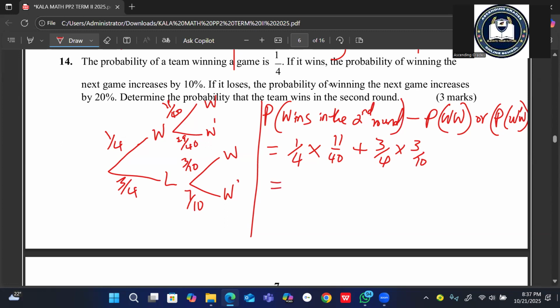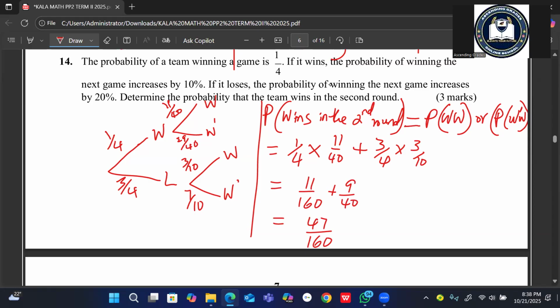So that one gives you 11 out of 160 plus 9 out of 40, which totals to 47 out of 160. So that is the probability that the team wins in the second round.